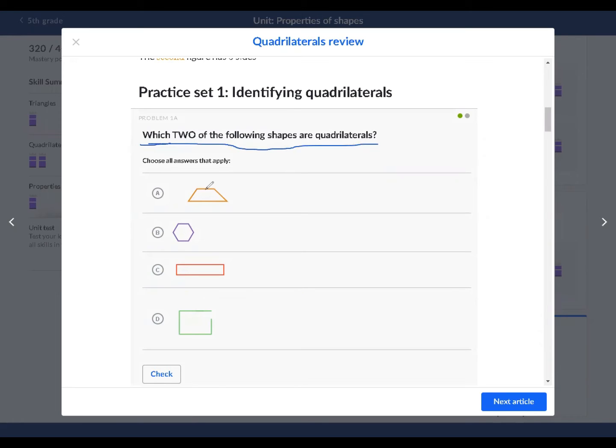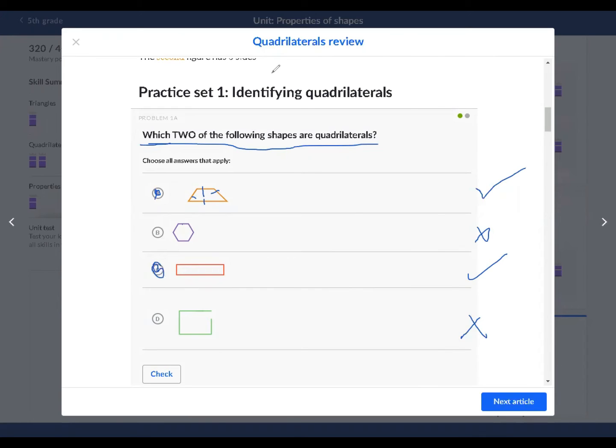So this can be a quadrilateral because it has 4 sides. This isn't a quadrilateral because it has 1, 2, 3, 4, 5, 6 sides. This is a quadrilateral. And this could have been a quadrilateral, but it is an open figure, so no. So these both are quadrilaterals.